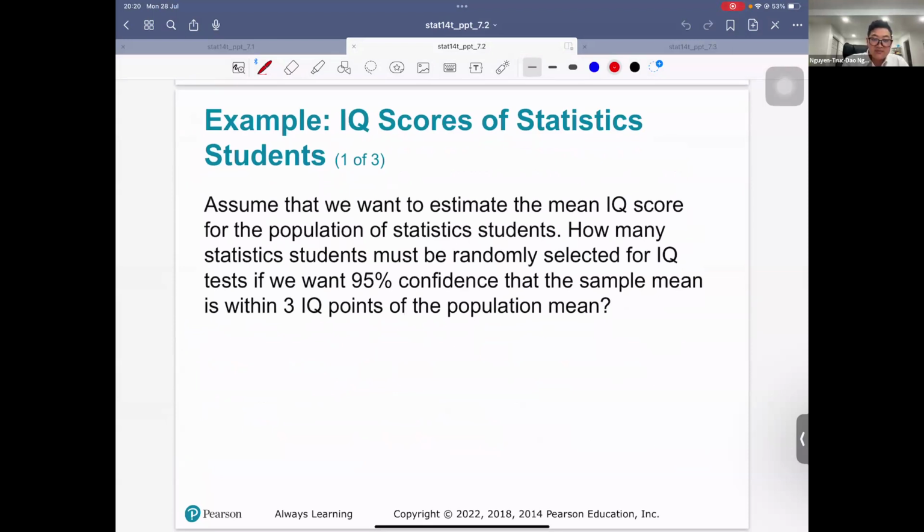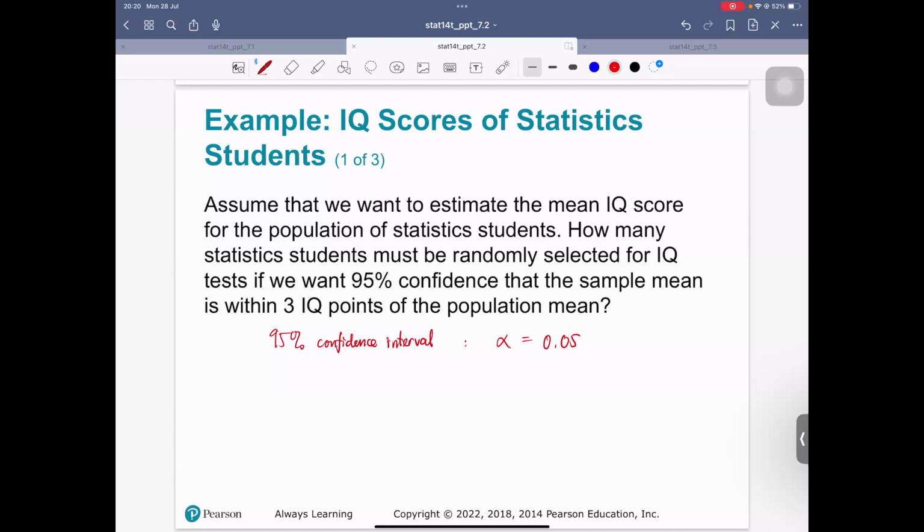Since we have a 95% confidence interval, that means alpha here is 0.05, right? The complement: 100% minus 95% gives 5%, which is 0.05.